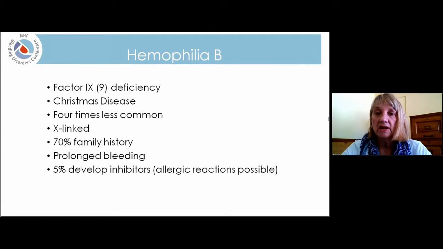Unlike hemophilia A, only 5% of patients with hemophilia B will develop that inhibitor, or the allergy, so to speak, to infused clotting factor, whereas 25% do in hemophilia A. The difference is those in hemophilia B who develop this actually can have a true allergic reaction when they develop that inhibitor.